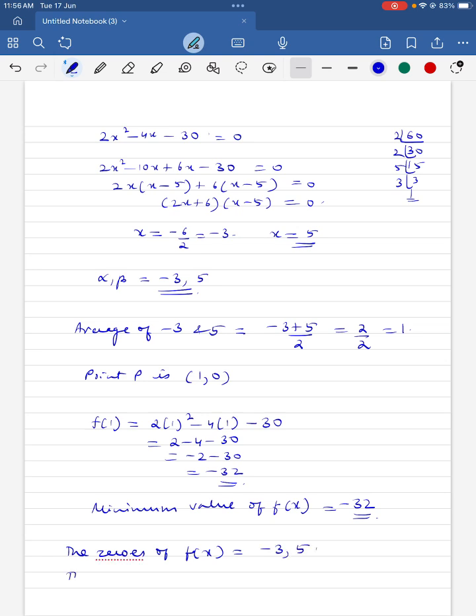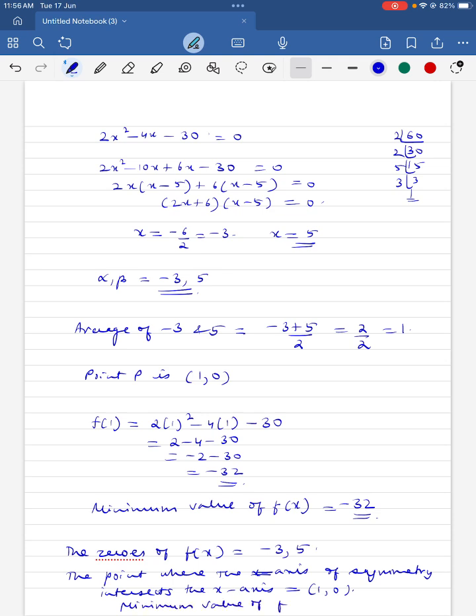The point where the axis of symmetry touches or intersects the x-axis is 1, 0, and the minimum value of f of x is equal to negative 32. So we found the 3 things that they've asked for in the question.